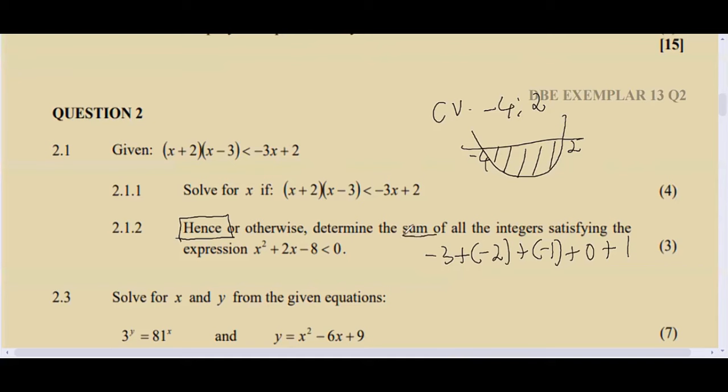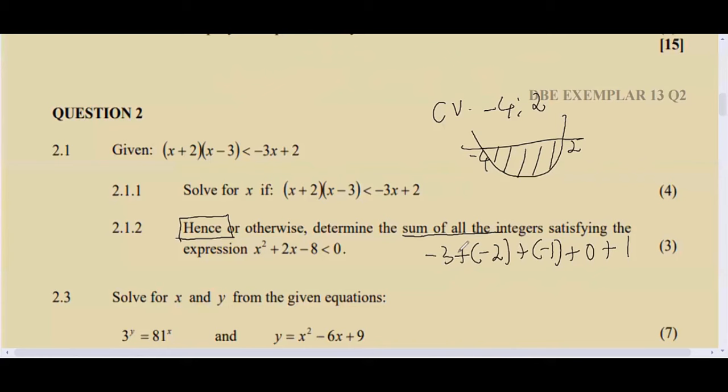So we are getting the sum of all the integers satisfying the expression. Integers, remember, is either a positive or negative value that is not a decimal. So it has to be a solid number just like that.